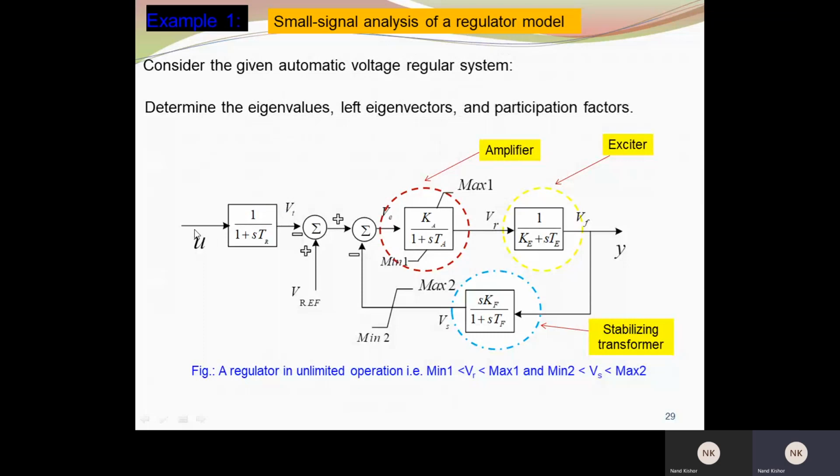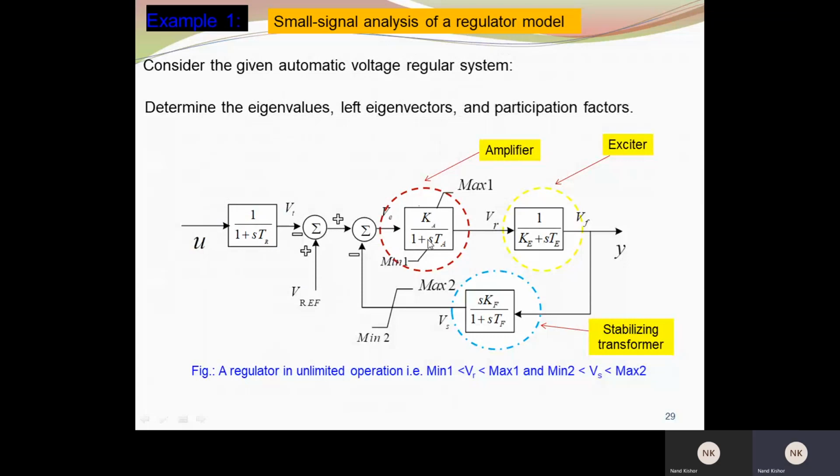As you can see here, we have the input variable, which will be the control signal. Then we have some blocks that represent the elements in the AVR. Here we have the reference voltage. This will be from the measurement, which represents the transducer for the measurement of the voltage signal from the generator terminal.